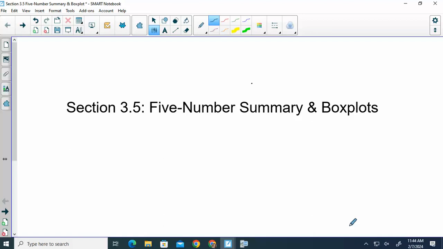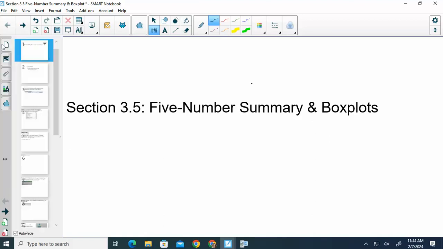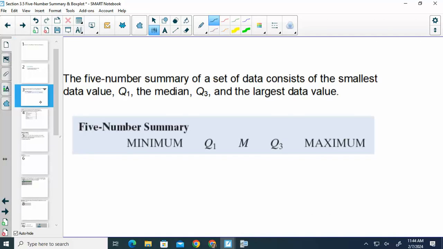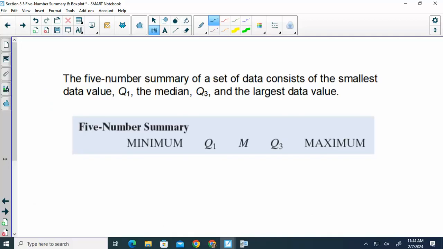If you're going to make a box plot, you need a 5-number summary, and this is on your formula sheet as well. Usually we don't label them, we just put the 5 numbers in order. It's your minimum, the smallest point in your data, quartile 1, median, which is the same thing as quartile 2, quartile 3, and the maximum.